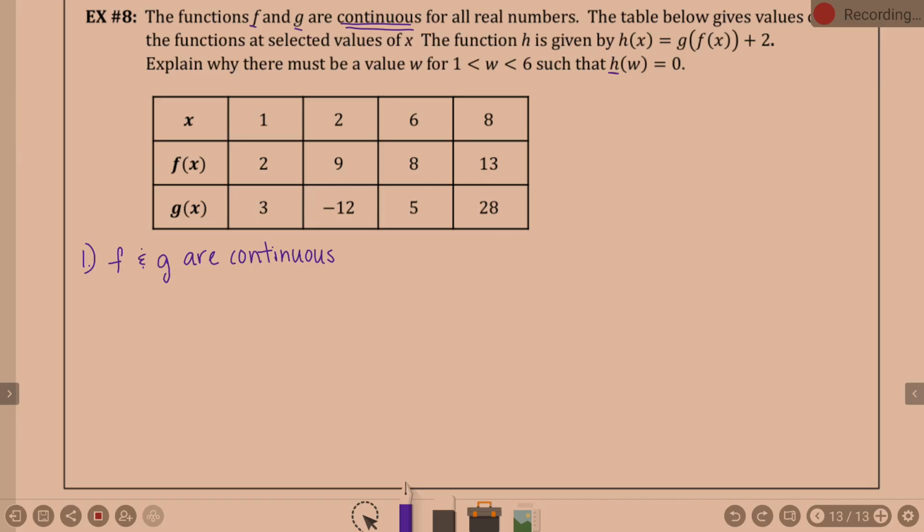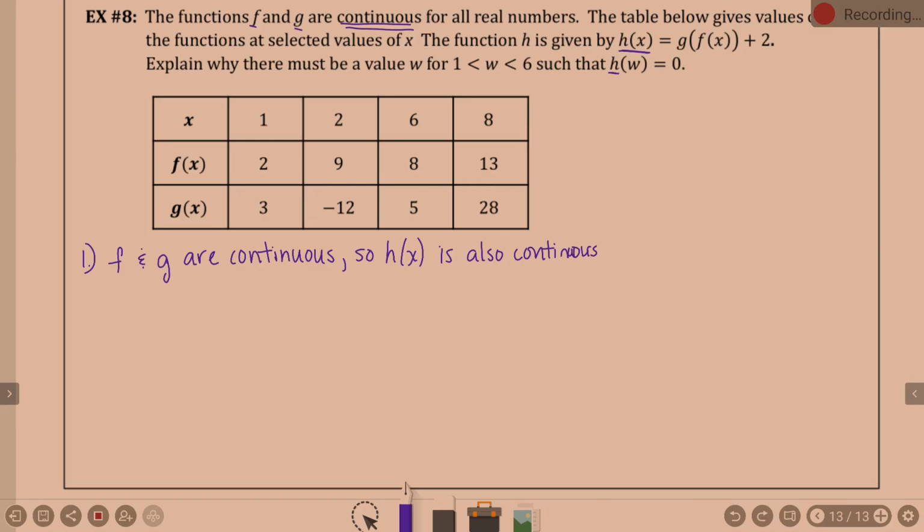H is a composition of G and F. So if G and F are continuous, we can then state that H is continuous. Okay, so F and G are continuous, so H of X is also continuous. Because really, H of X is what's going to matter here.